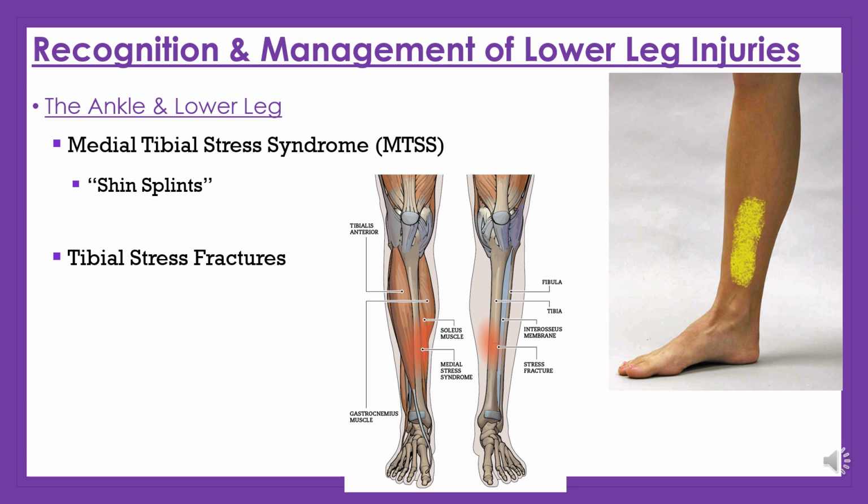So this is something that is completely preventable, where we won't have to have the athletes removed for 6 weeks of their athletic season because they developed a stress fracture, right? We can see it as MTSS and give them the rest they need. I would rather, as an athlete, sit out for 2 weeks of rest with MTSS than have to sit out 8 weeks, right? 6 weeks of healing that stress fracture and then 2 more weeks of trying to get back into action.